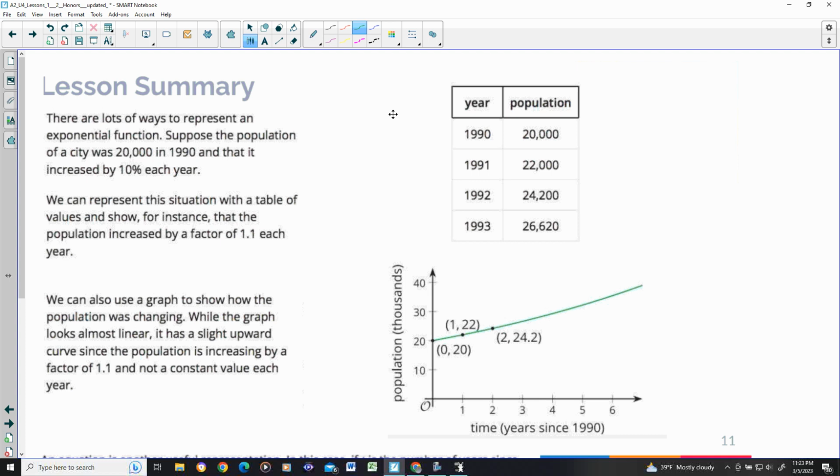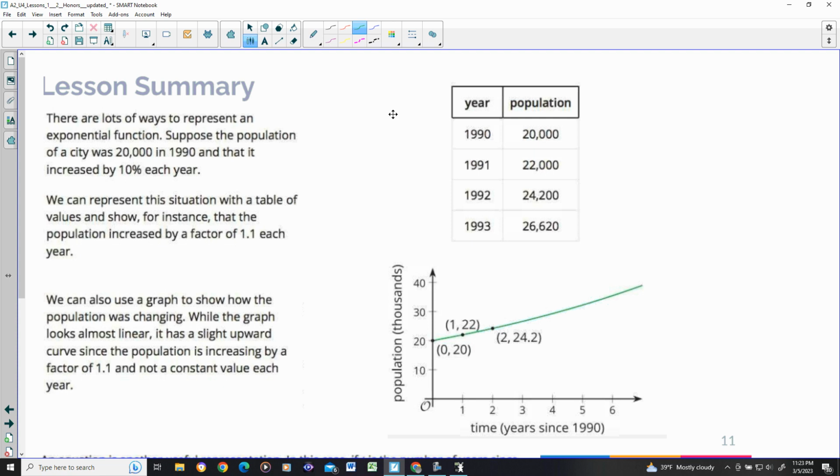All right. So there are lots of ways to represent an exponential function. We could write it with functions, graphs, tables, charts. In this particular case, you have a city that increases by 10% each year, so the growth factor is 1.1.